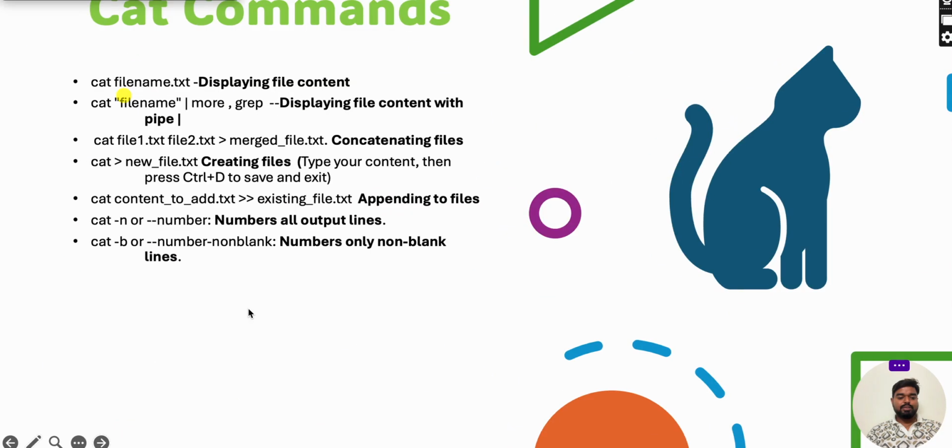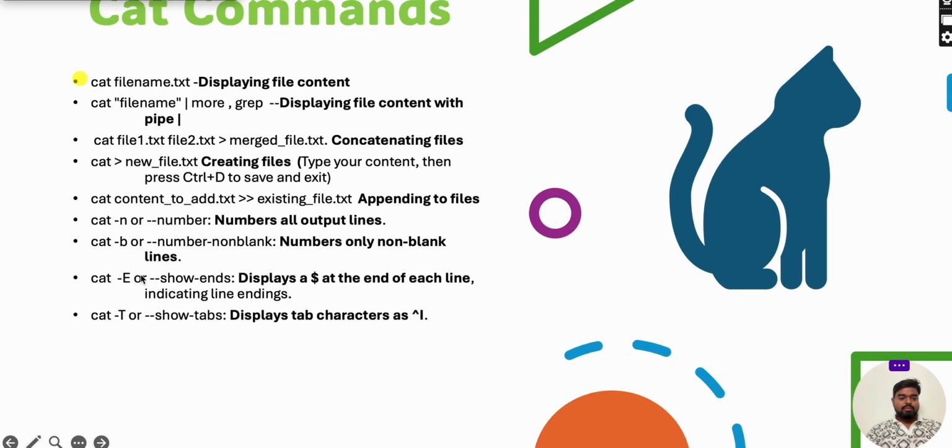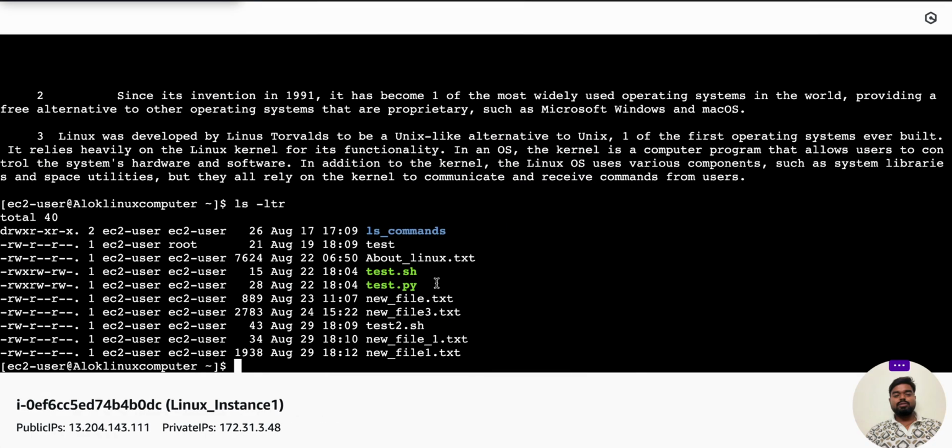That is with the hyphen b option. Next command is cat hyphen E. If you want to display the dollar mark at the end of each line, suppose you want to check the end of any lines, then we can use this symbol.